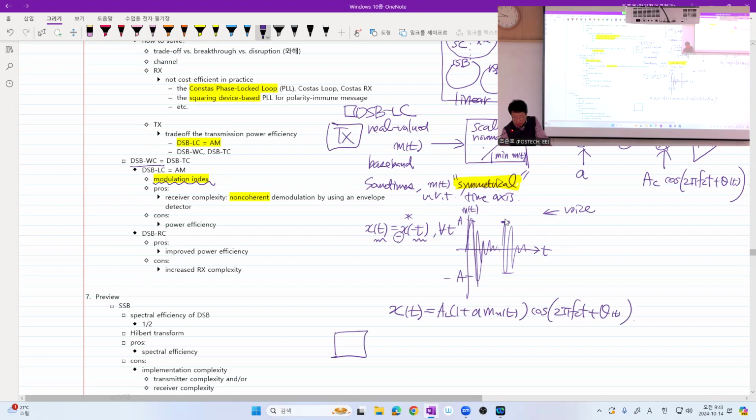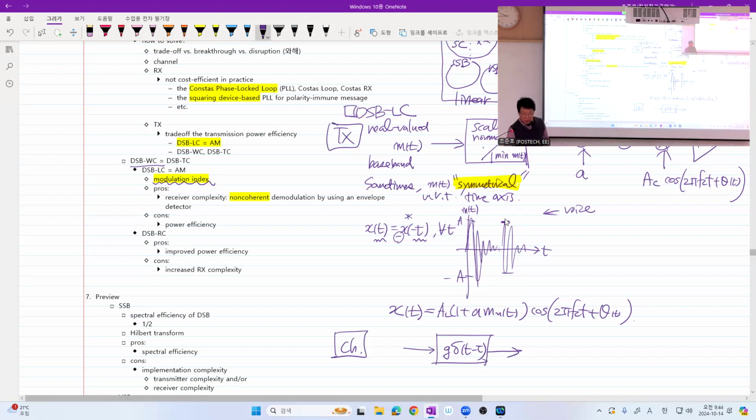And of course, we must think about the channel, but to make everything simple, we assume the channel is a very simple delay line or something. So we have some attenuation or gain factor here.